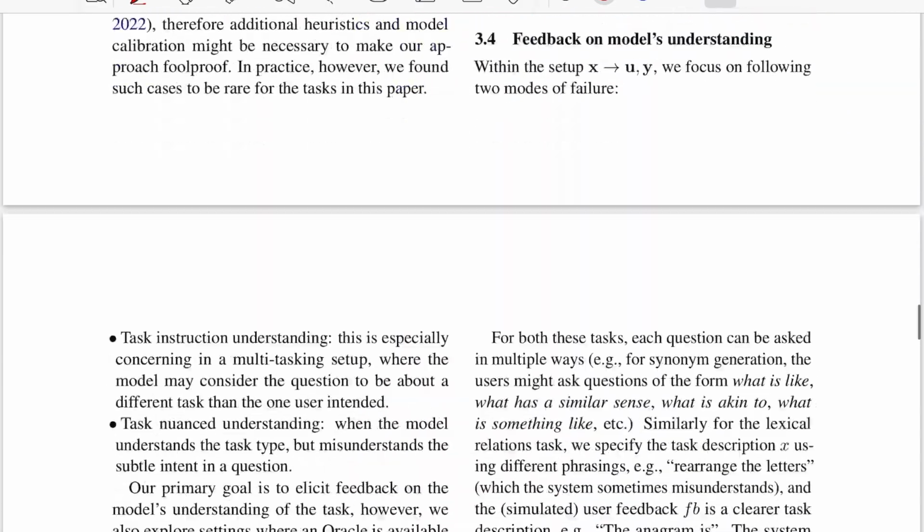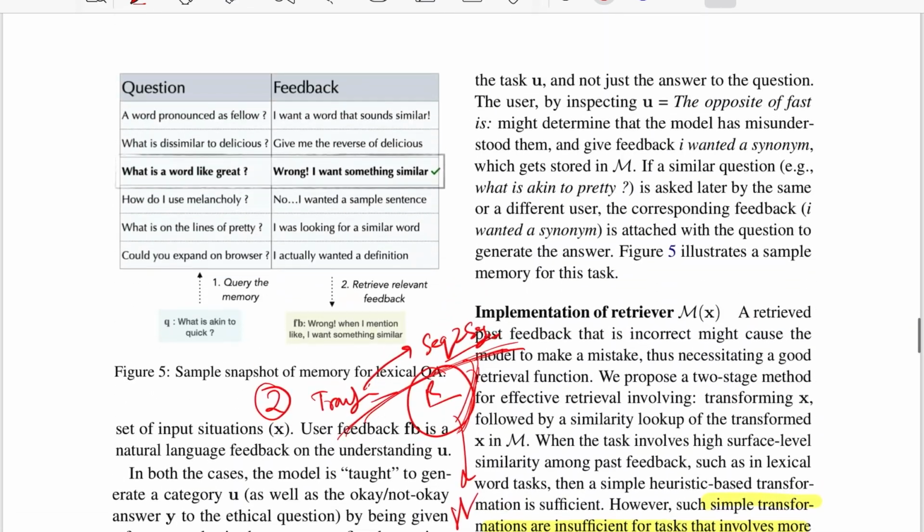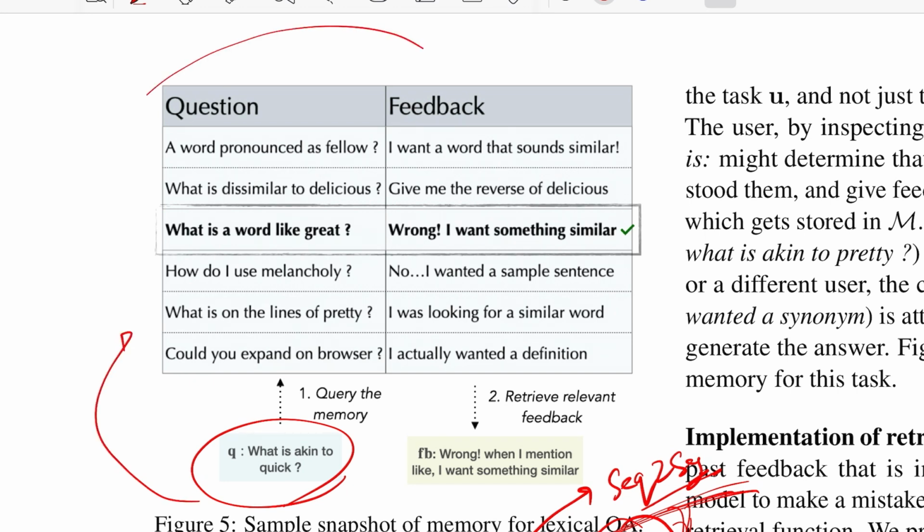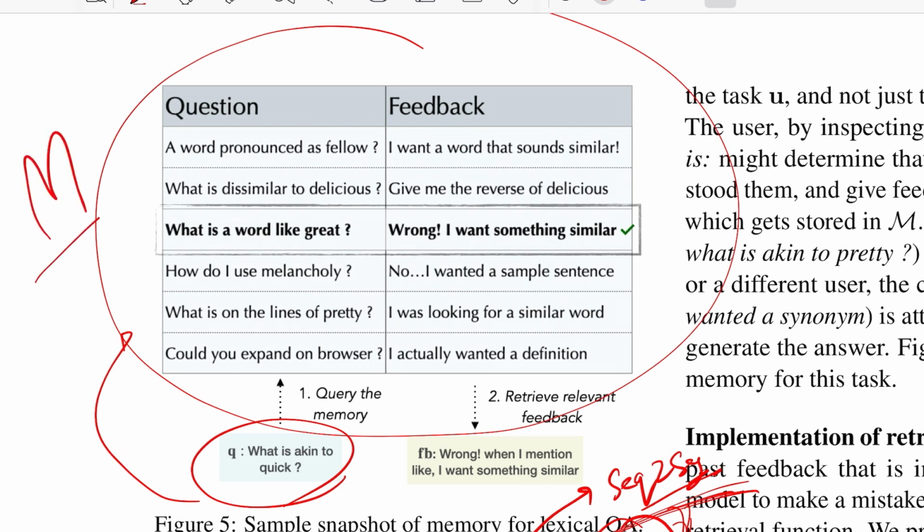So this would look something like, I think this is an example that we can use. Okay, so what is akin to quick? Akin means something similar, and this goes to your memory. This is your M that you have come up with over time. And this matches saying, okay, what is a word like great? This looks something similar to this. You had a feedback because this was asked initially and the model gave something wrong.